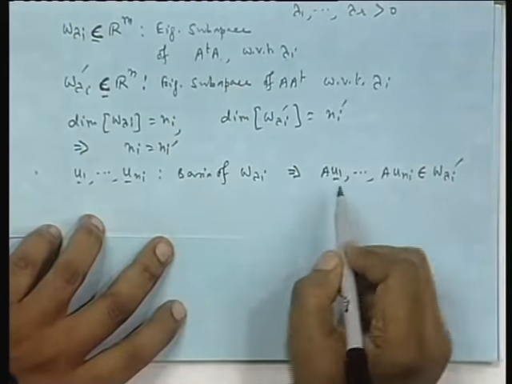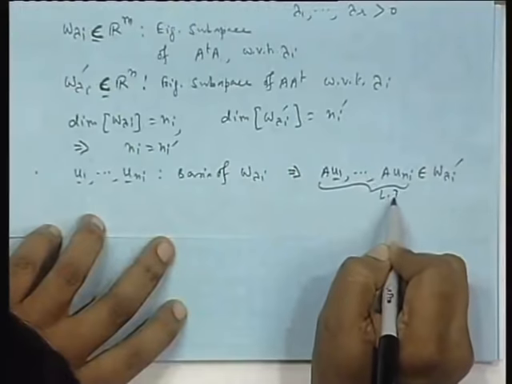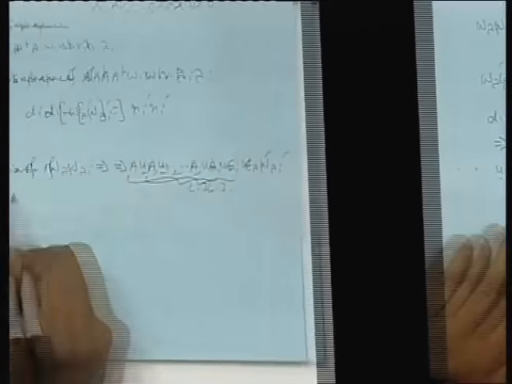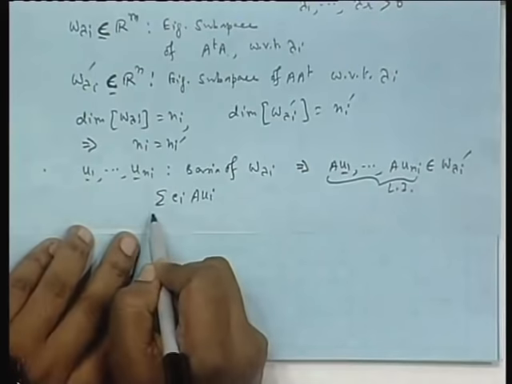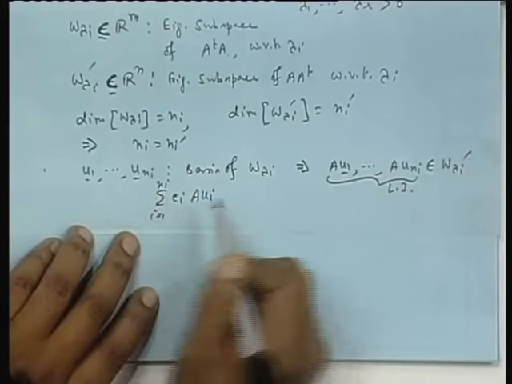That is, this set is linearly independent, you can see. That is, if you form the sum of C I A u I, I equal to 1 to n I, equal to 0, C I should be 0. That follows very easily.